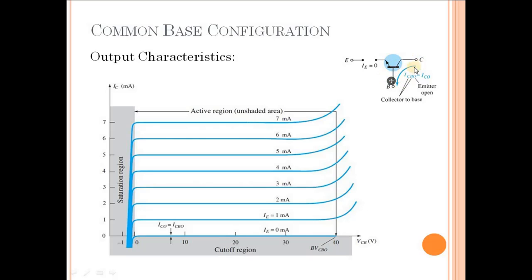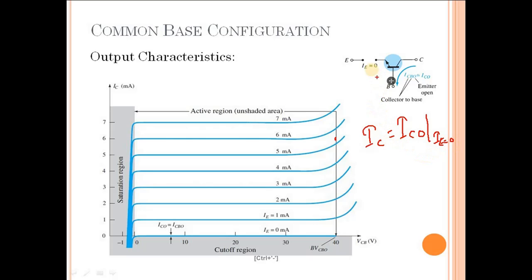So we can write in that case that IC is equal to ICO. ICO is the minority charge carrier current. That is, IC is equal to ICO when IE is equal to 0.